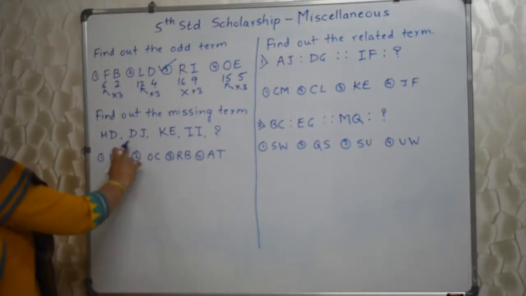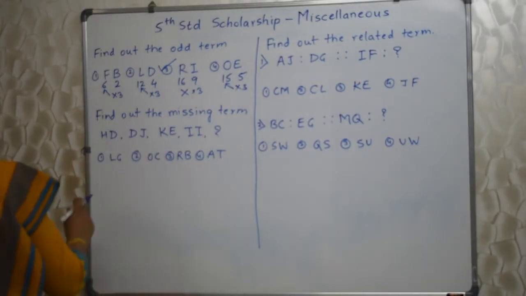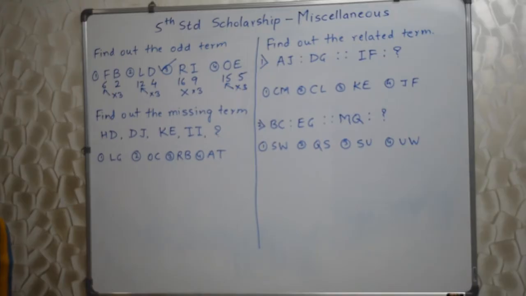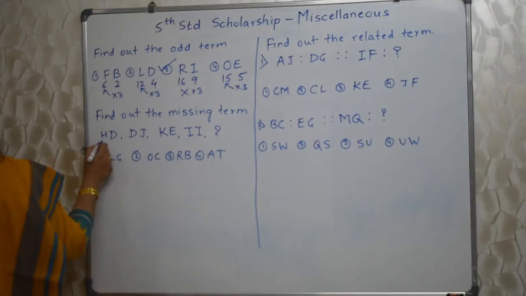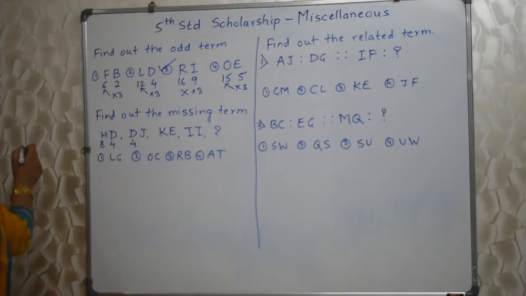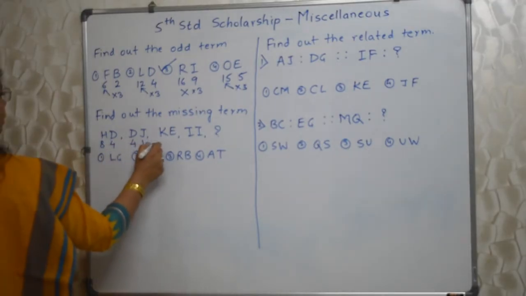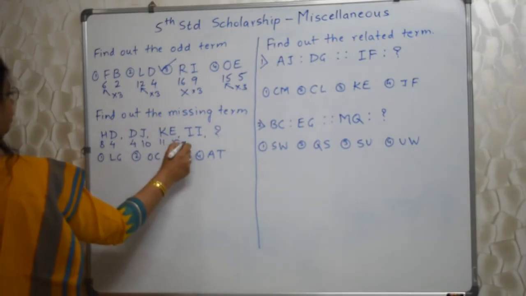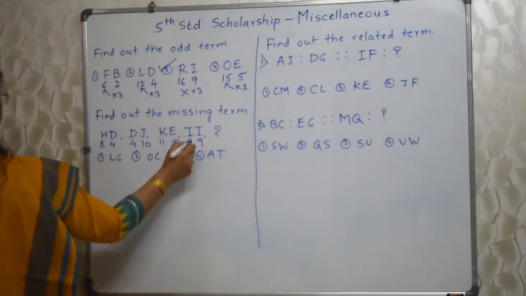They have given certain terms here. Again they are in letters. So your job is to give their serial numbers. What is H? 8. D is 4. D is 4. J is 10. This is 11. This is 5. This is 9. This is 9.